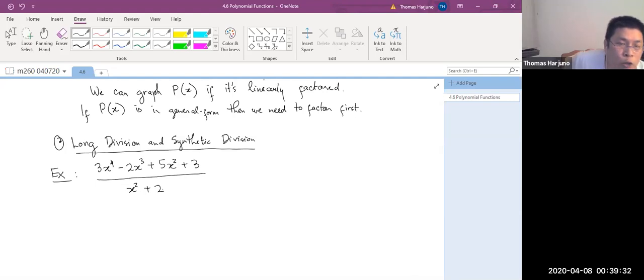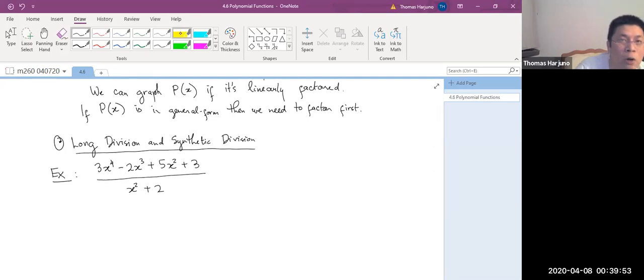We can use long division for every type of division for polynomials. If you have a polynomial on the top divided by a polynomial at the bottom, you can always use long division.